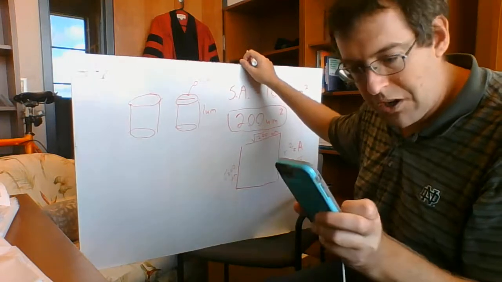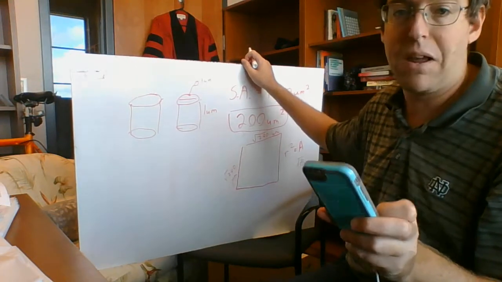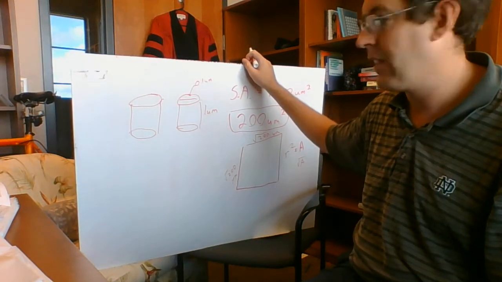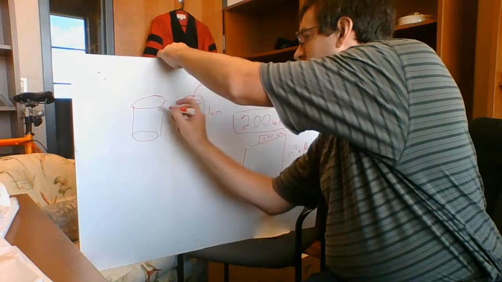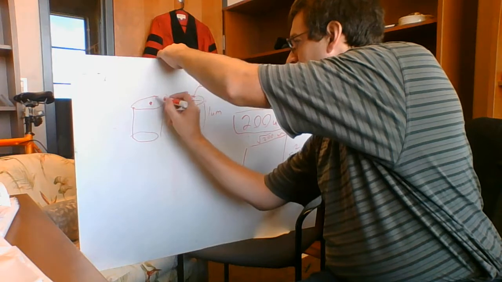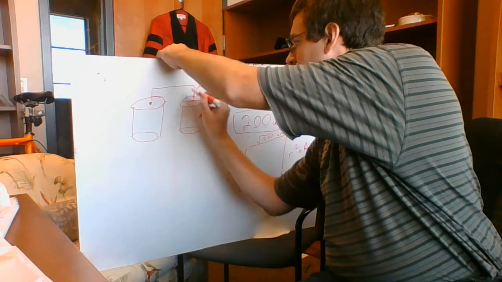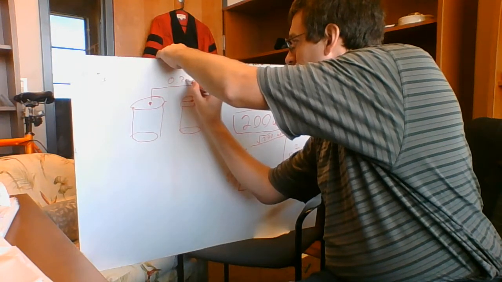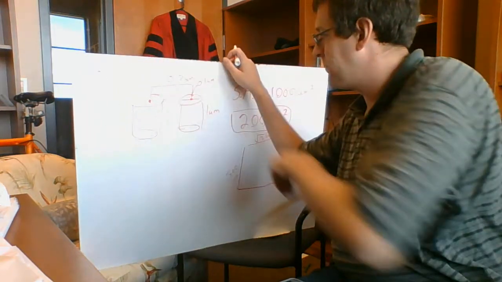The other piece of information it gives us is the center-to-center spacing of these microvilli. From this center to this center, the distance is 0.2 micrometers.